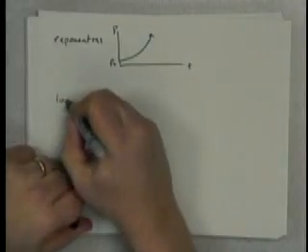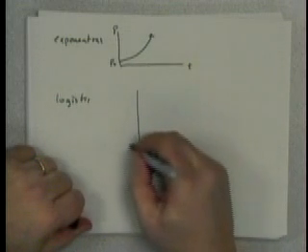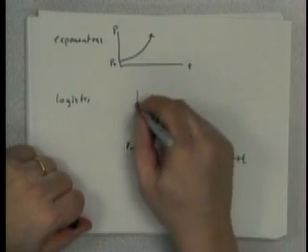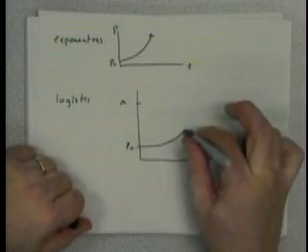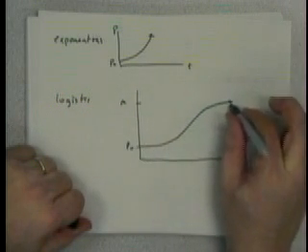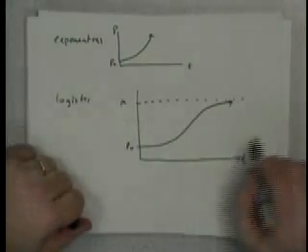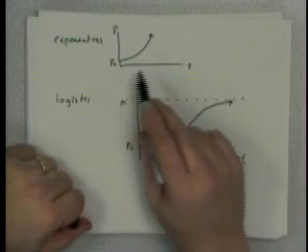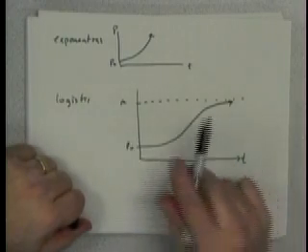The logistic model has some maximum value. That thing we mentioned, it was called the carrying capacity. And what it has is, it's concave up for a while, and at first it's very similar. If you were to zoom in on this left side, it should be very similar to the exponential model.